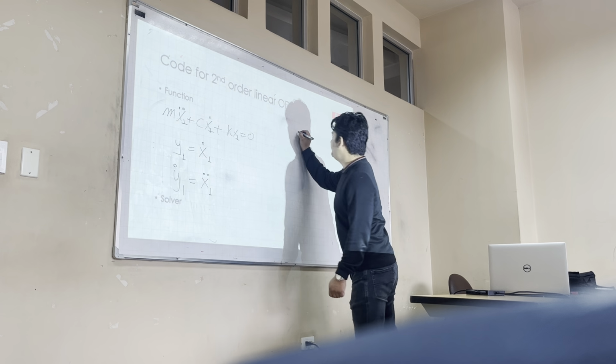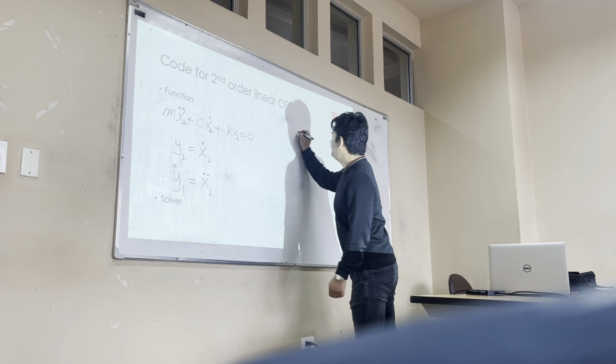Now, let's define the derivative of x with respect to t. We're going to have x1 dot, y1 dot. Okay. What is this? x1 dot. This is velocity, right? It's like the same value that we have here, isn't it? So this is x2.